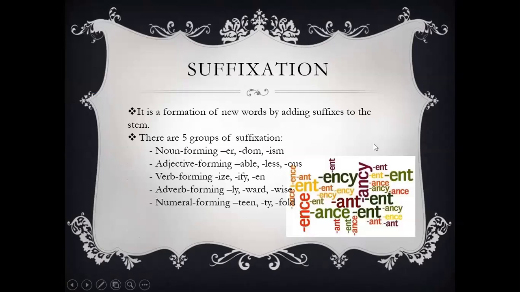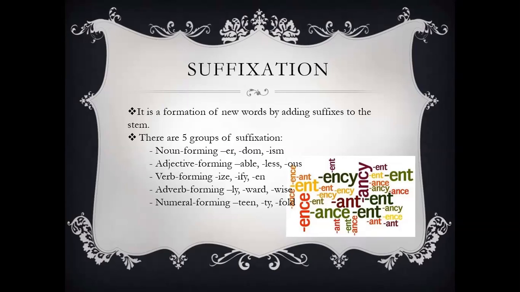And suffixation, this is when we add a morpheme at the end of the word in order to create a new word or to change the meaning of the word. So there are 5 groups of suffixation, each for different parts of speech. So noun forming, if we add these suffixes, we can form a noun.